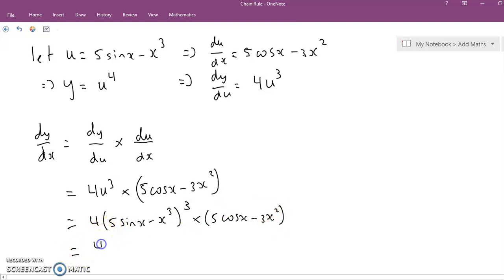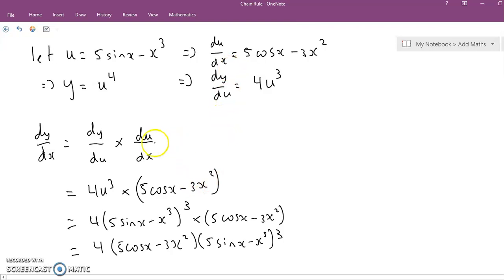This now becomes 4. You put the bracket with the smaller power first, 5 cosine x minus 3x squared into 5 sine x minus x cubed. Big mistake here is you could forget this power here to the power of 3. Right? And that's your long method.